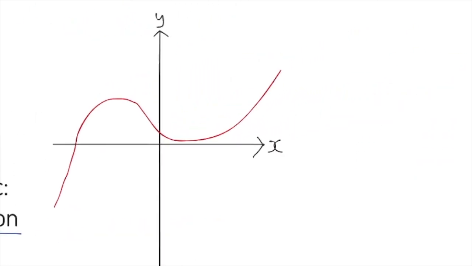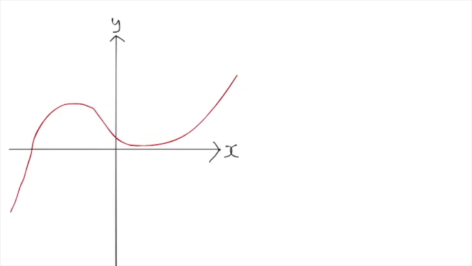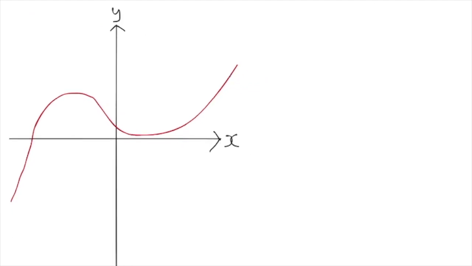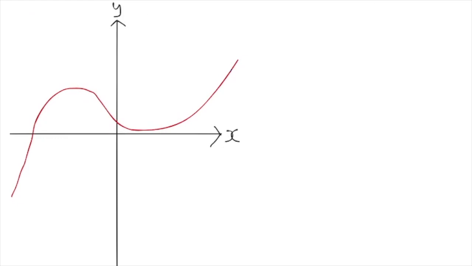I think, personally, the best place to conceptualize what I mean by differentiation is to start from middle school to early school, finding the gradient of a slope, because that's really what we're doing.